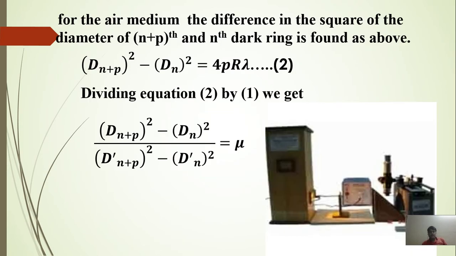For the air medium, the difference in the squares of the diameters of the (n+p)th and nth dark rings was found in my previous video lecture: dn+p square minus dn square is equal to 4p R lambda. That is equation 2. Dividing equation 2 by equation 1, we get (dn+p square minus dn square) by (d dash n+p square minus d dash n square) is equal to the refractive index of the liquid.